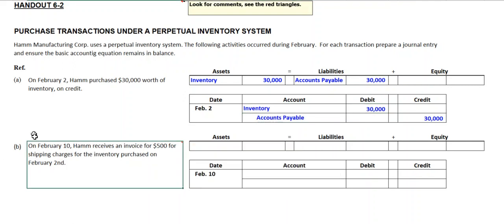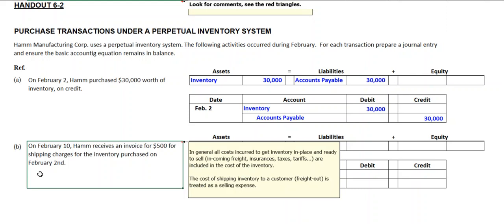On February 10th, we're told that we receive an invoice for $500 for shipping charges for inventory purchased on February 2nd. In general, all costs incurred to get inventory in place and ready to sell, so that would be incoming freight, insurance, tariffs, taxes, etc., are included in the cost of inventory. The cost of shipping inventory to a customer is referred to as freight out, and it's treated as a selling expense.